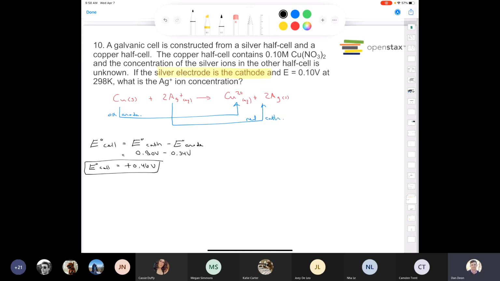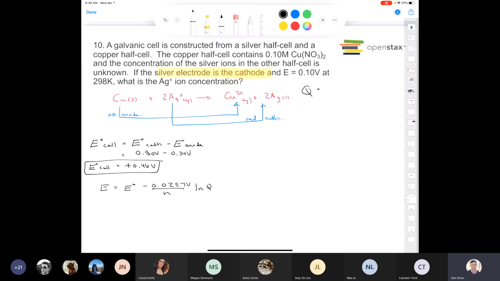That is my standard cell potential. Now I have everything that I need to plug into my equation. E is equal to E naught minus 0.0257 volts divided by N multiplied by the ln of Q.